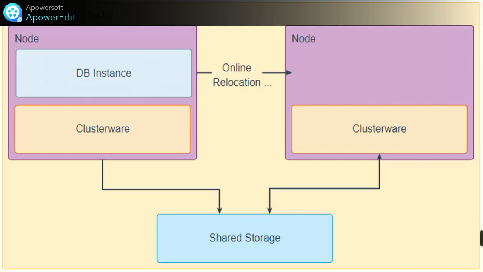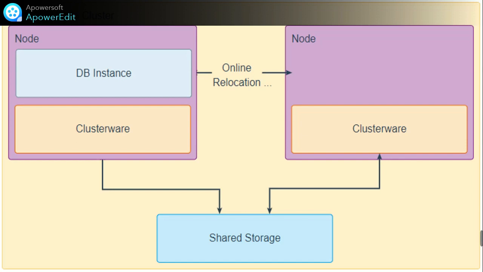Here is the node, cluster, DB instance, Clusterware, online relocation. Node 2 is a passive node, with only Clusterware services running. DB services are running on only one node. Node 2 is also used for the shared storage. While you are doing online relocation, the database instance will be moved to DB2.